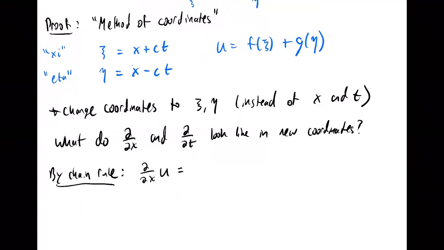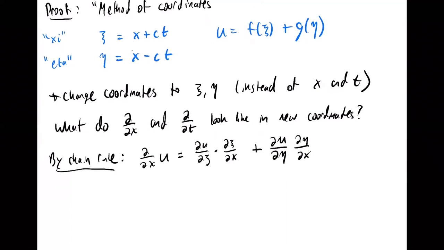The chain rule tells me that this should be equal to du/dxi times dxi/dx plus du/deta times deta/dx, because there's some dependence between xi and x and between eta and x.